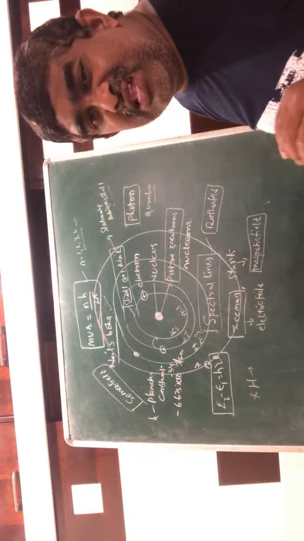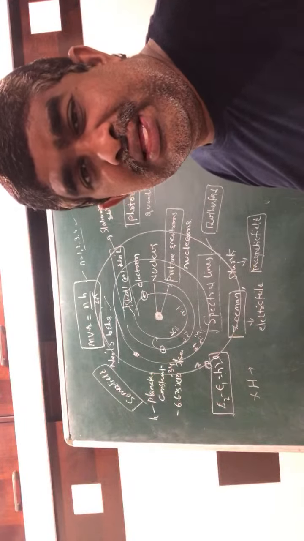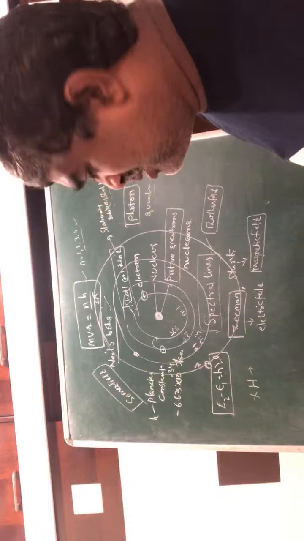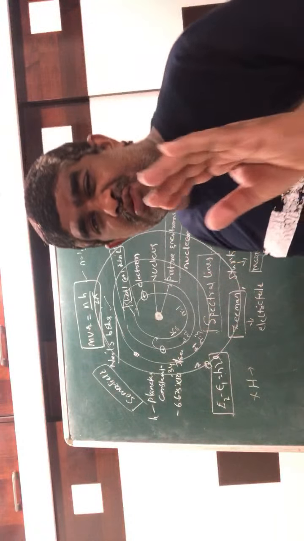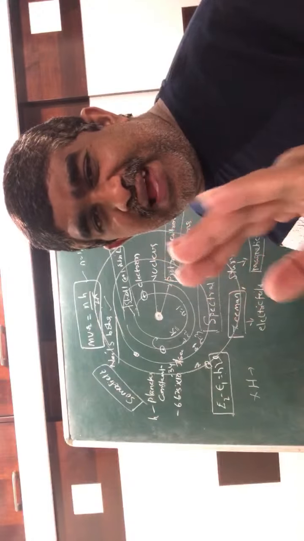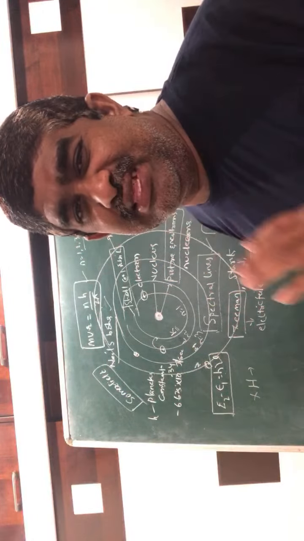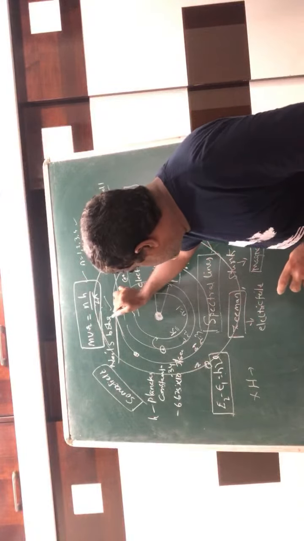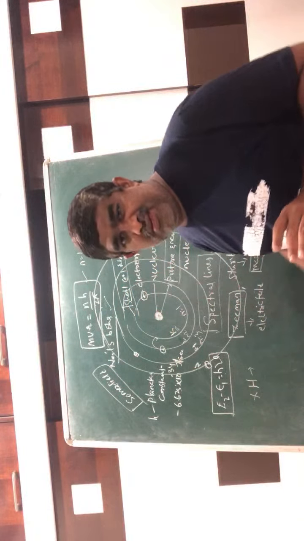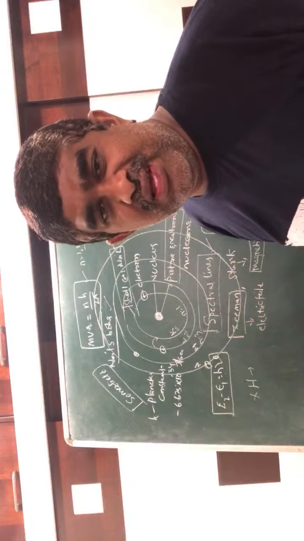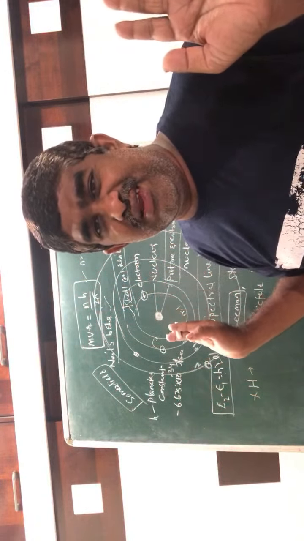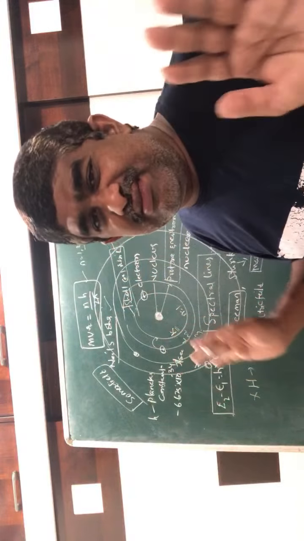Okay, Niels Bohr, Sommerfeld. So what did Sommerfeld say? Nothing much, Sommerfeld is exactly the same as Niels Bohr, just a small change, a small correction. Niels Bohr said that these are circular orbits. As long as the electron is in a circular orbit, its energy is constant. Yes or no? Okay, its energy is constant.